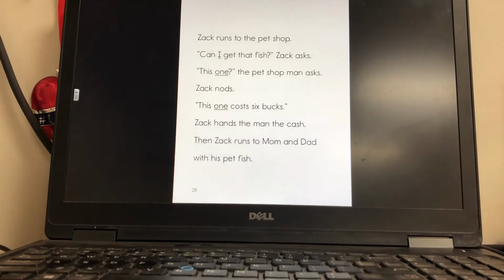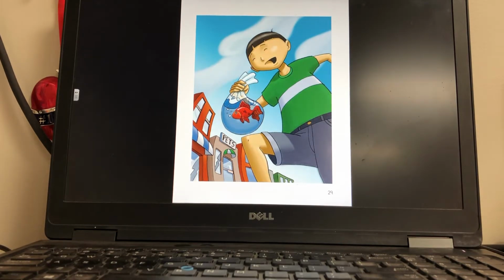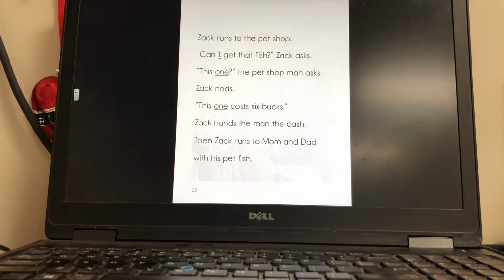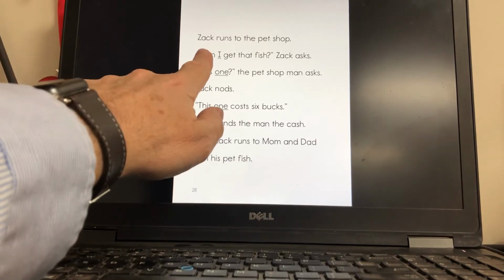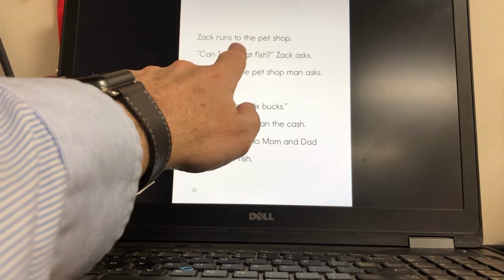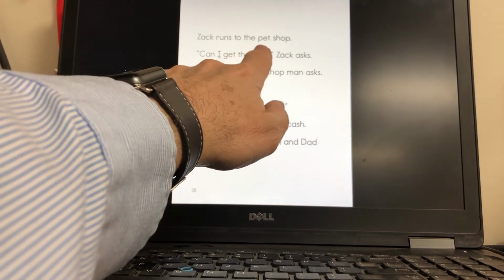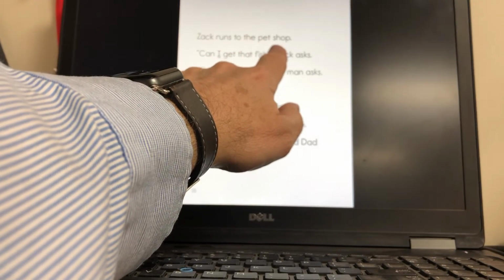All right, this is the last page. Let's see what's happening. Doesn't quite look like Mr. Bob. I think that's a goldfish. All right, here we go. Zack runs to the pet shop.